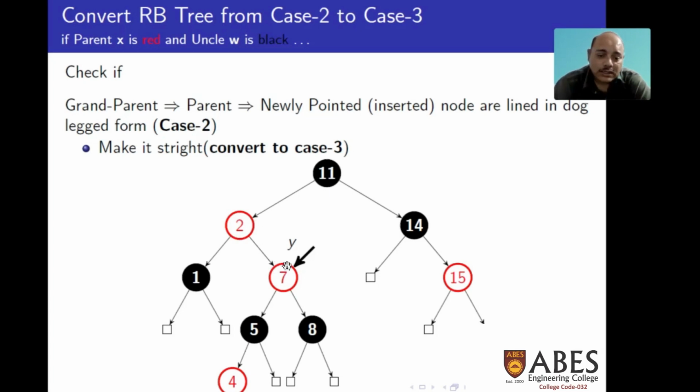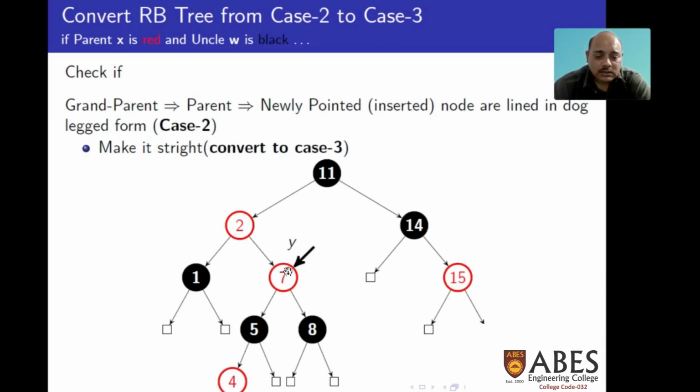As I told you earlier, we shift the pointer to the parent first. In the second part, we check the relationship of the parent and newly pointed node, whether the newly pointed node was a left child or a right child. Accordingly, we rotate. In our case, 7 is a right child, so we make a left rotation.